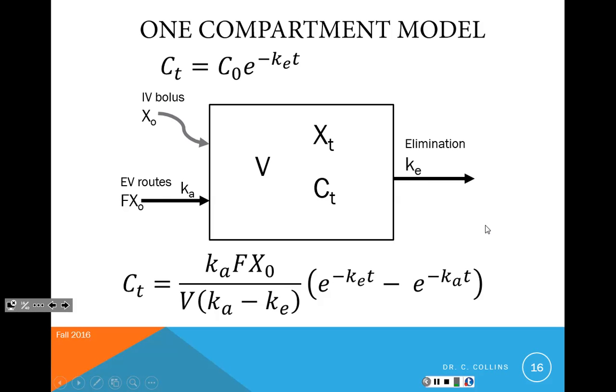Here is the overall one compartment equation that we've seen before. C sub t is equal to C0 times e to the minus Ke t. This describes an IV bolus administration. So this is an intravascular administration where we put all of the drug into the bloodstream at one time. Logistically, that's really not physically possible.